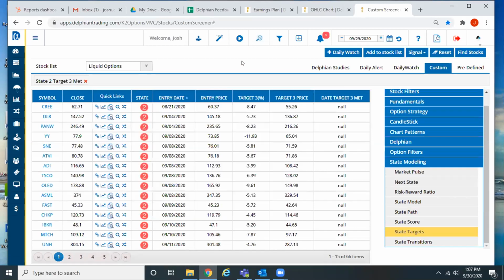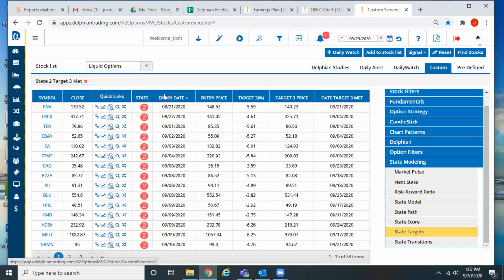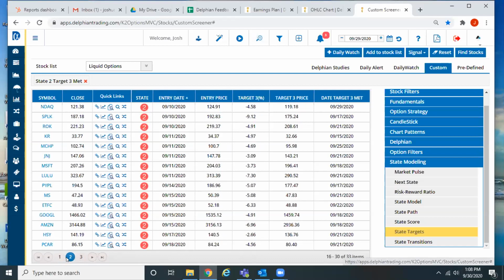So you can find ones that have met it, and then you look at the entry date, and that tells you where it entered. It might have just entered and you've got some room. So you'd be able to look back a week or whatever. Okay, that's good. That's probably the only way right now that you can do it. Okay, I can work with that. I'll try that. Thank you.